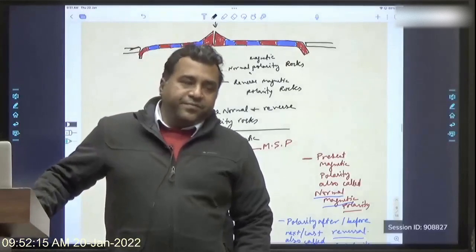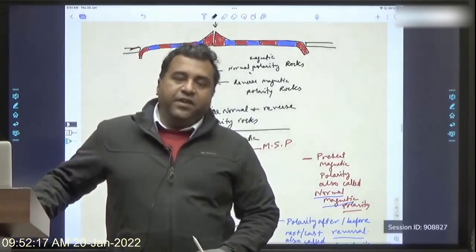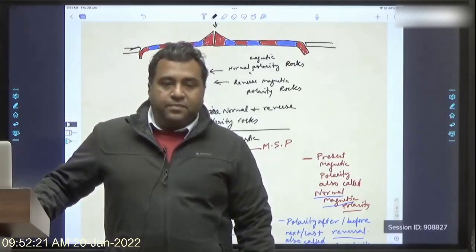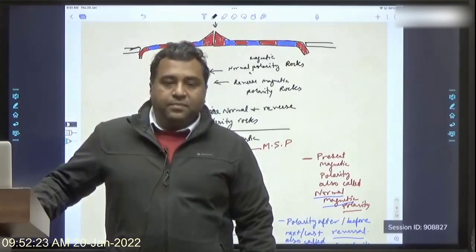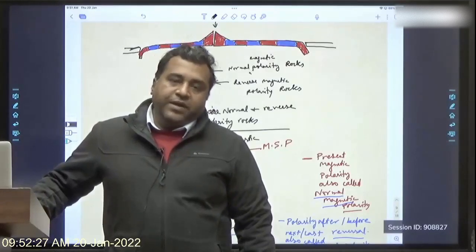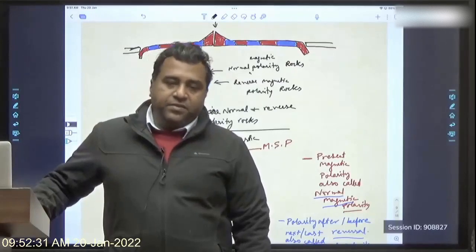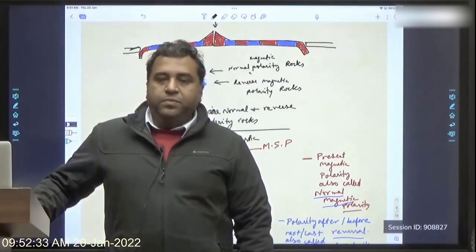Earth's magnetic field reverses after every few lakh years. Full stop.